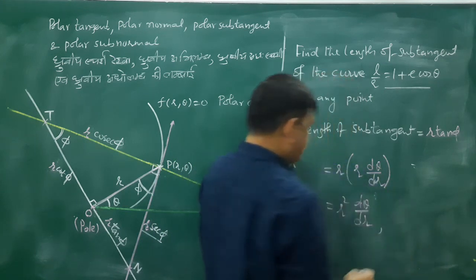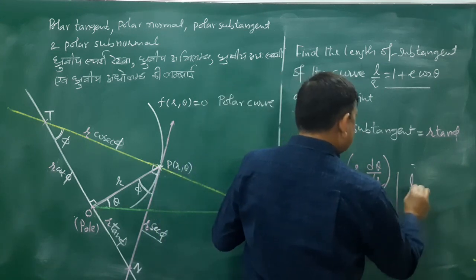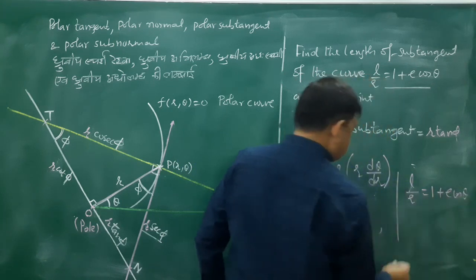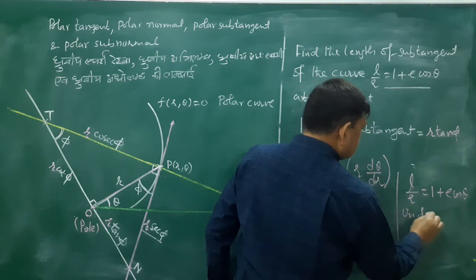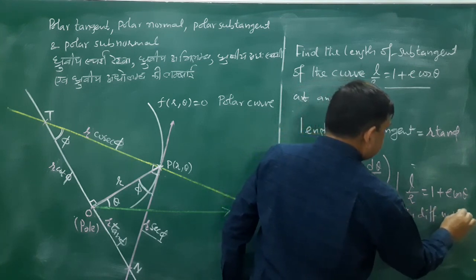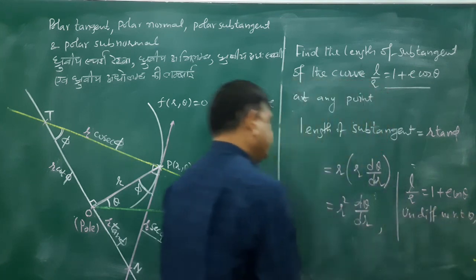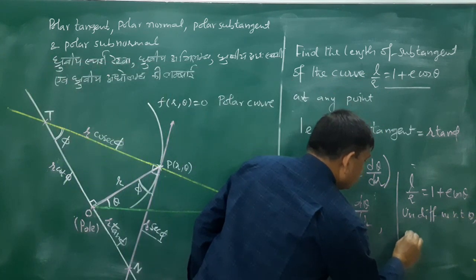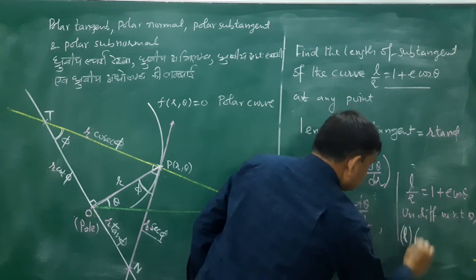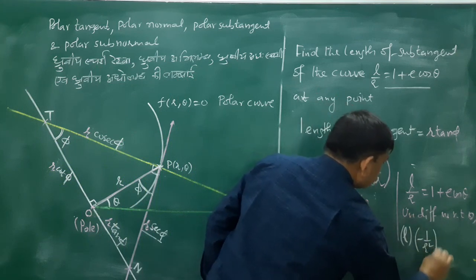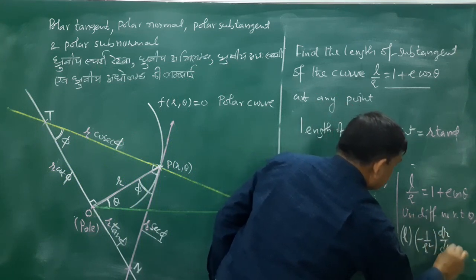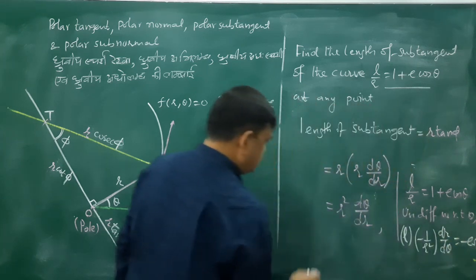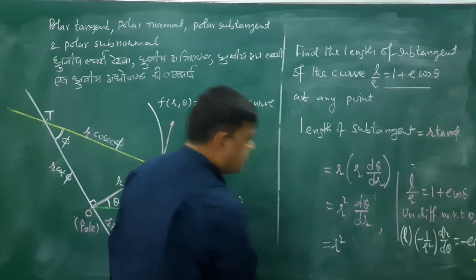Now L upon r equals 1 plus e cos theta. On differentiating with respect to theta, L is constant, differentiation of 1 by r is minus 1 upon r square dr by d theta, equals minus e sin theta. Okay, so we place the values.